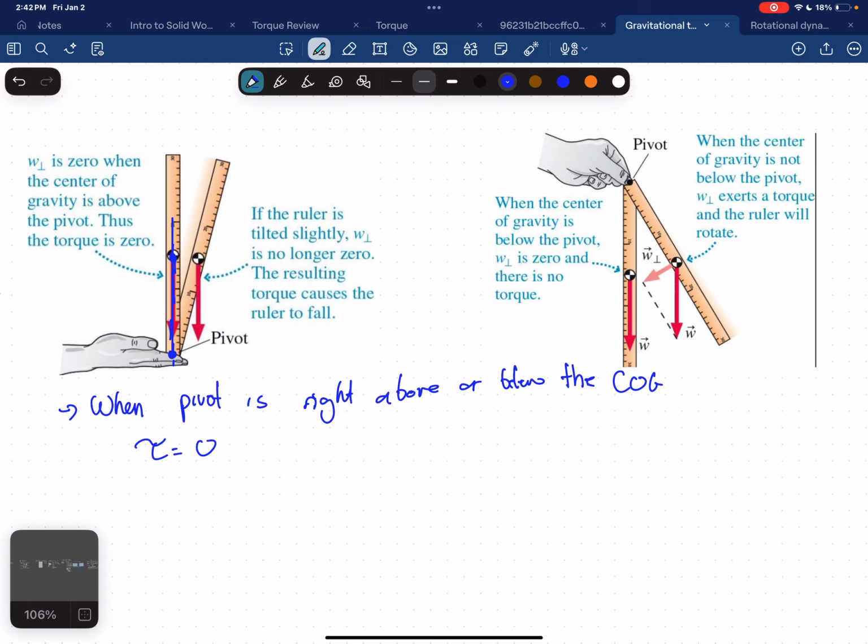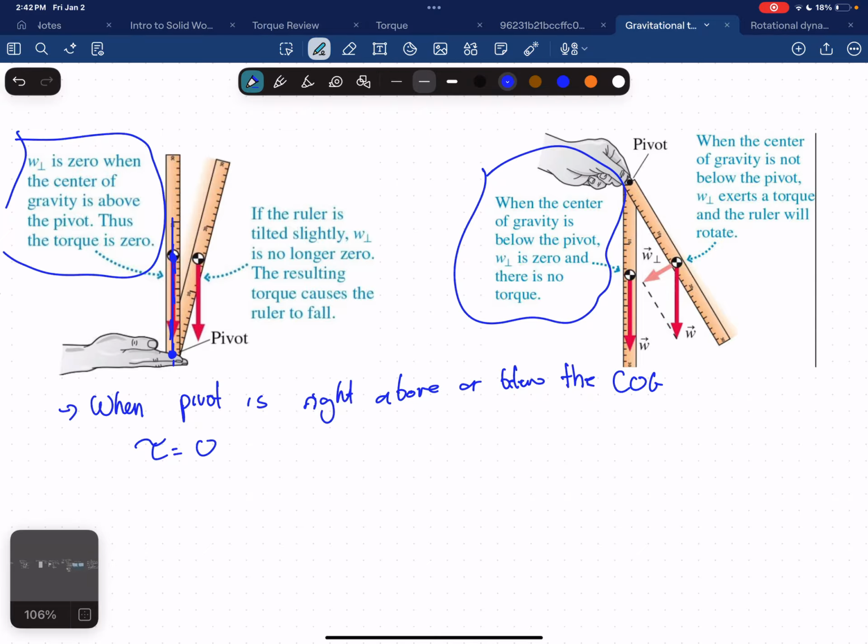When the center of gravity is below the pivot point. All right? And if the center of gravity is below the pivot point, it's going to be 0. So this statement here and this one, really important, but so are these two.